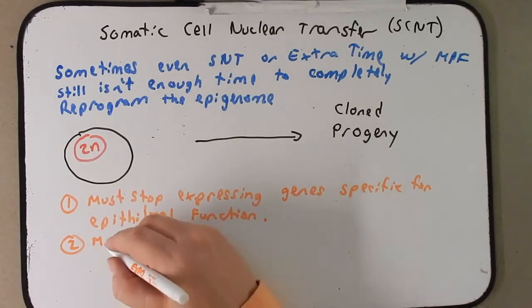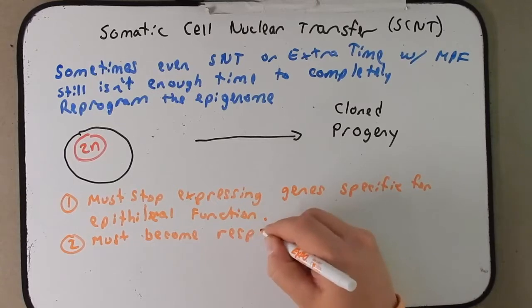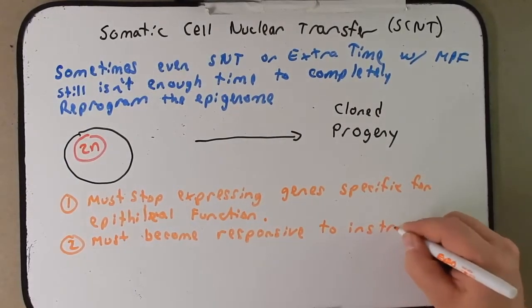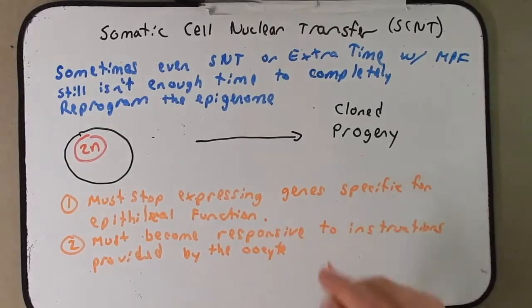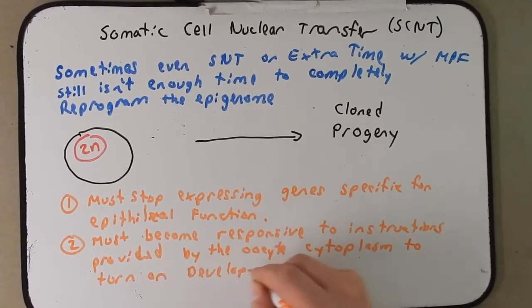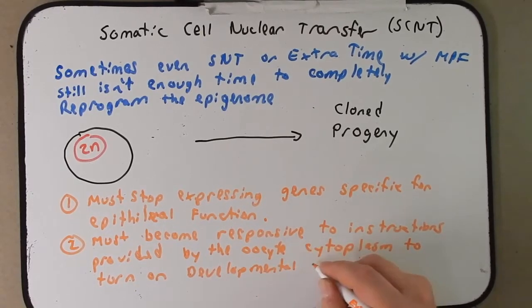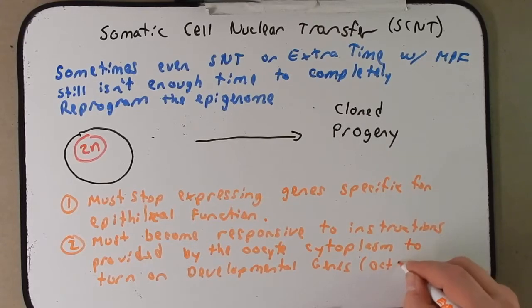You have to turn those genes off. This DNA here that has been introduced must become responsive to instructions provided by the oocyte cytoplasm to turn on developmental genes like OCT4.